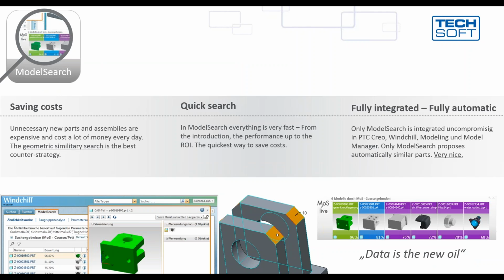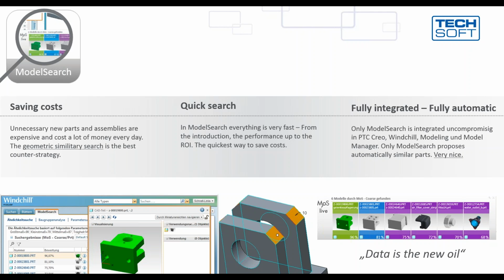We started with ModelSearch almost 6 years ago, and what was really revolutionary about it? There were several 3D geometrical search solutions on the market. But when we evaluated them and spoke with PTC, none of the solutions worked with native PTC CAD data.